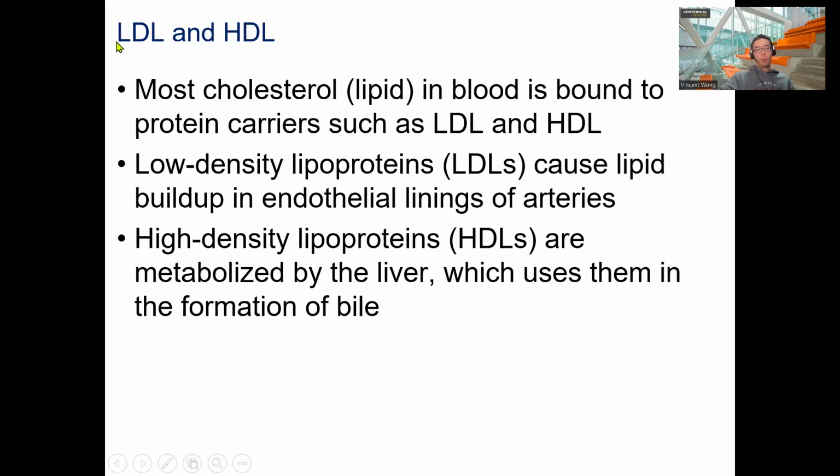So what is LDL? What is HDL? Cholesterol is a type of lipid, as you know from last semester, and lipids don't dissolve well in blood, because blood is mostly water. In order to transport cholesterol in the blood, you have to take it to the liver first, where it is incorporated into lipoproteins, which makes the cholesterol soluble.